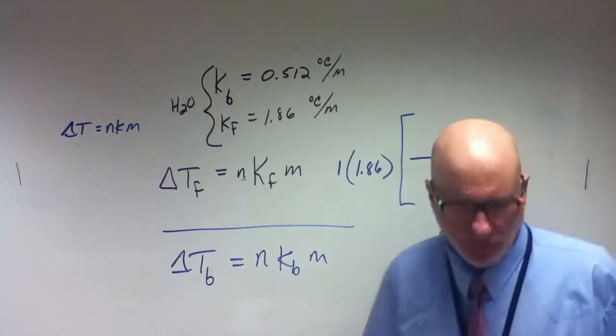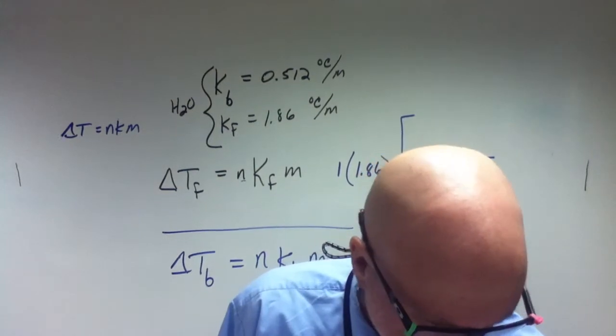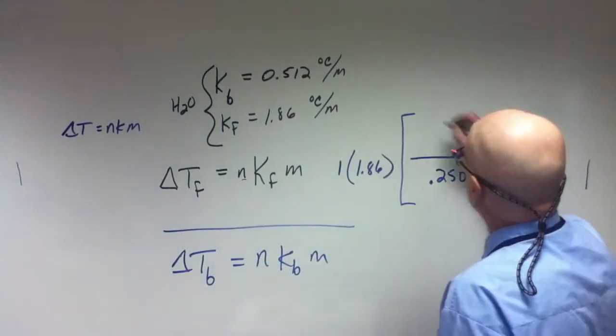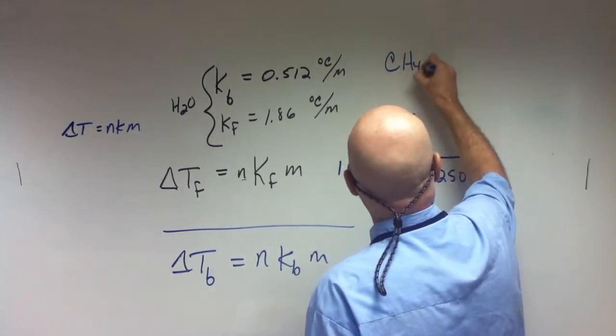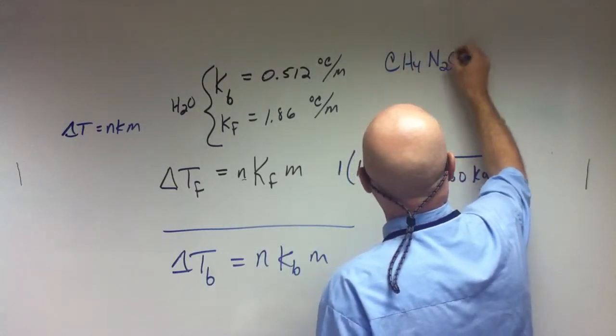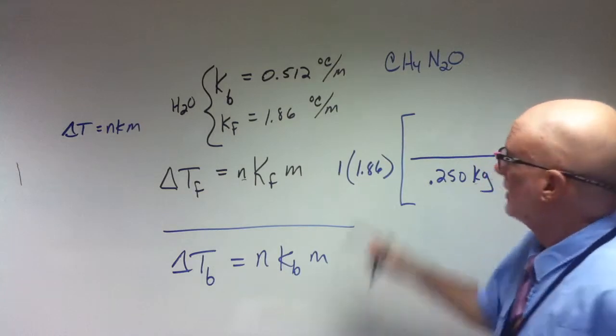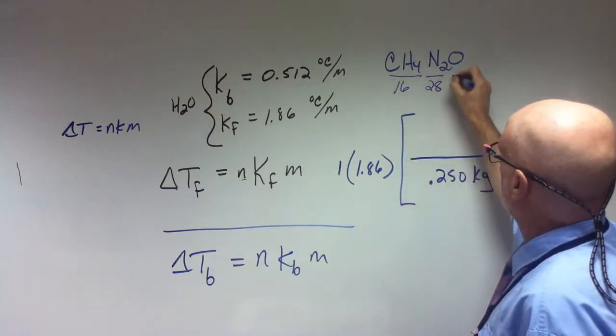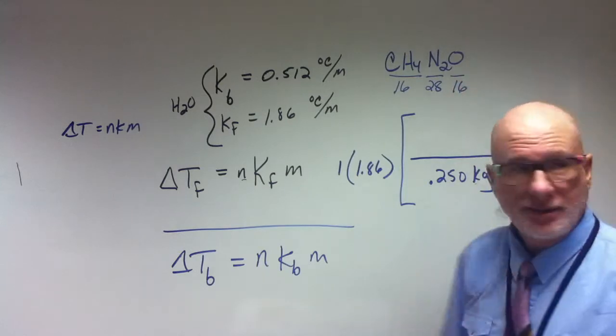What's the urea? The compound is CH4N2O. Is that correct? Yes. So that's going to be 16, that's going to be 28, and that's going to be 16. Correct?